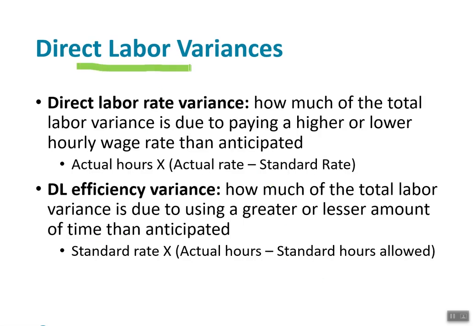All right, so now you have direct labor variances. We looked at the direct material variances, now we're looking at the direct labor, and we have a rate variance, which is like the price variance, but it's for the actual wage that you're paying people, and the efficiency variance, which is similar to the direct material quantity variance that we have.